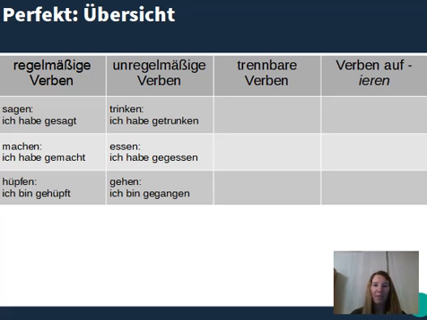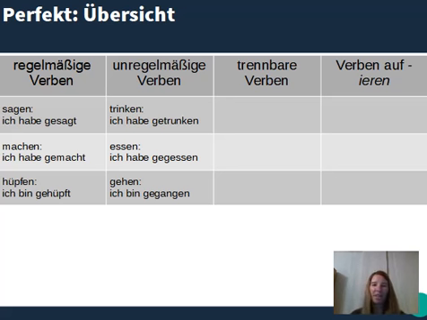So there are 4 different types of verbs when it comes to learning how to form the correct perfect in German. We've already learned regular and irregular verbs, regelmäßige Verben, regular verbs, unregelmäßige Verben, irregular verbs. I told you last week in the lesson, irregular verbs must be learned by heart.